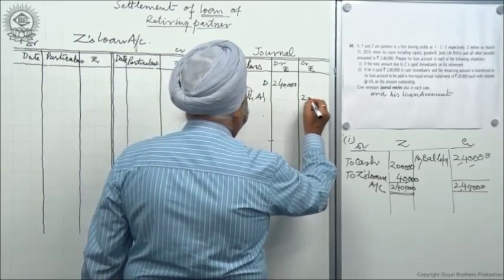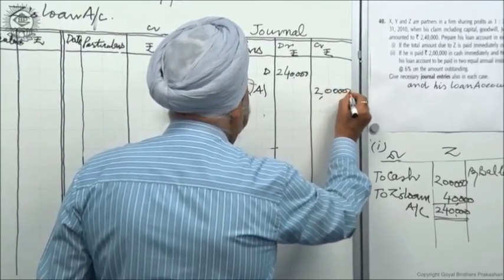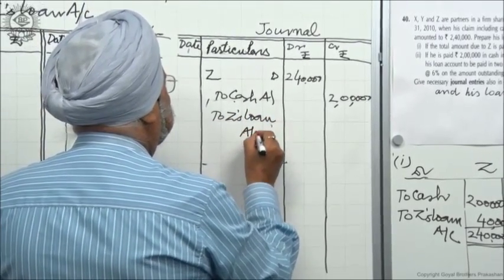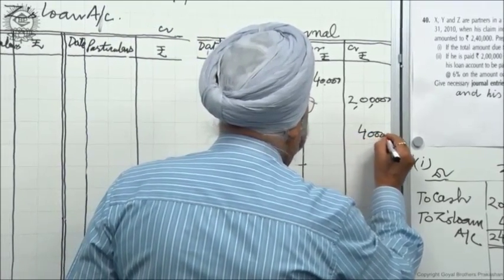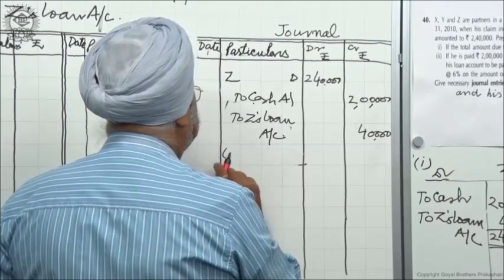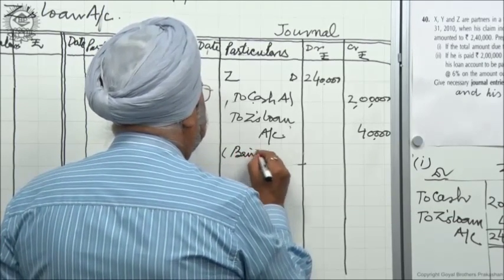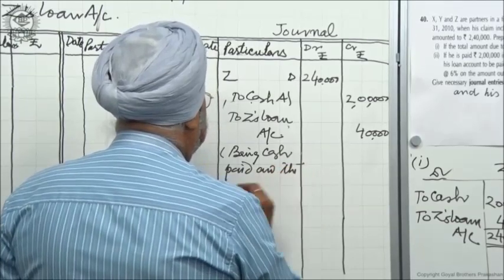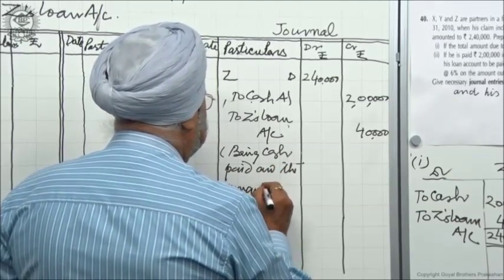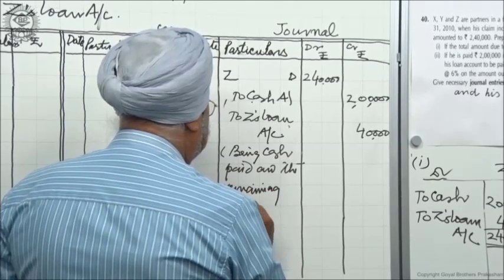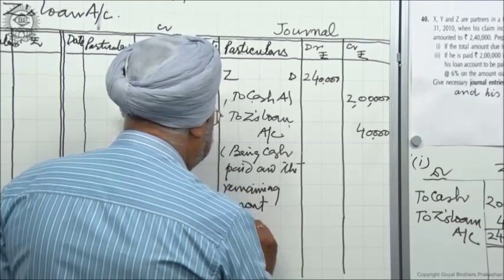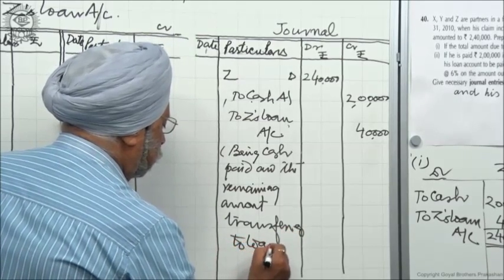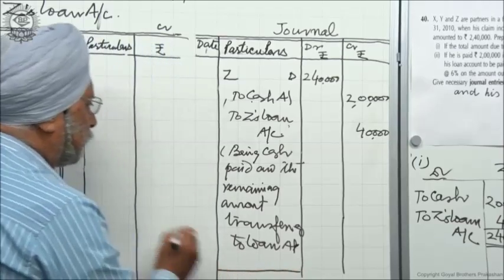So credit cash with 2 lakhs and then to Z's loan account, how much? 40,000, being cash paid and the remaining amount transferred to loan account. This is the journal entry.